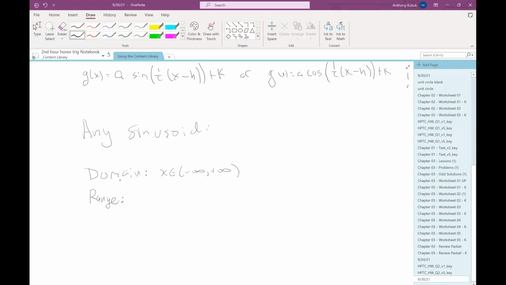Everybody agree? And then if we have a K, that's going to move it up or down. That'll change those values of the maxes and mins also, but it'll change it additively. So my range here is going to be K minus the absolute value of A to K plus the absolute value of A.